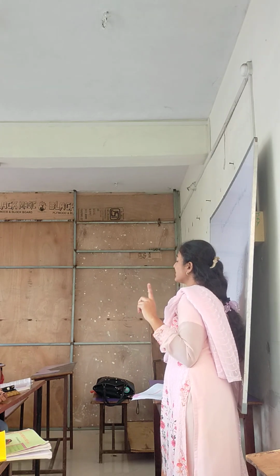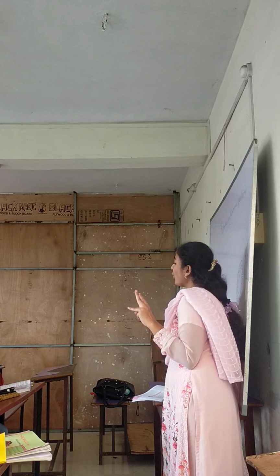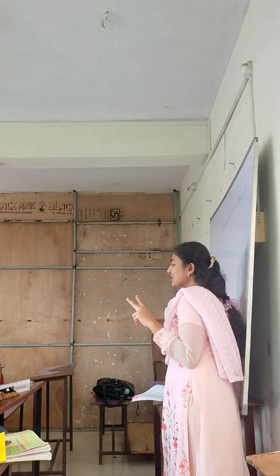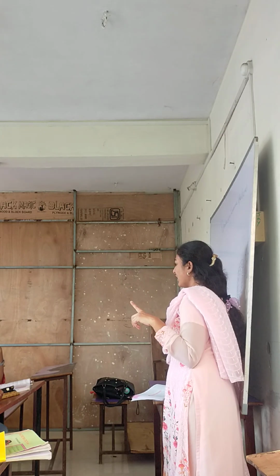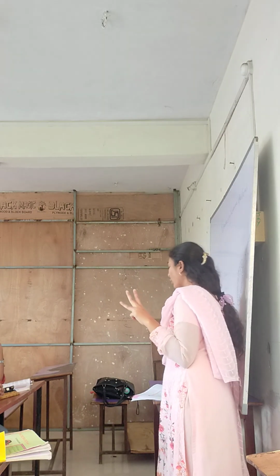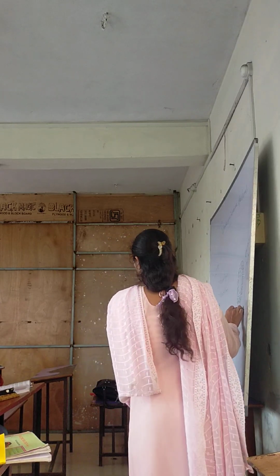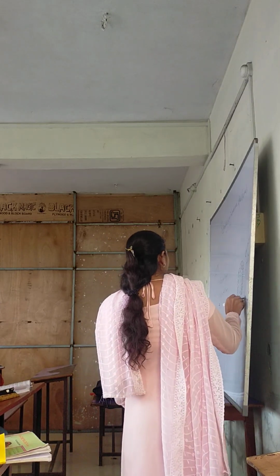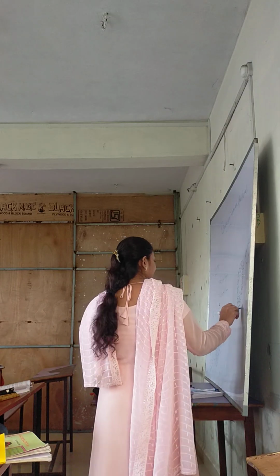Some are called diploblastic, some are called triploblastic. Diploblastic means two layers of the body, triploblastic three layers. Basically, human beings show three different layers: ectoderm, mesoderm, and endoderm.